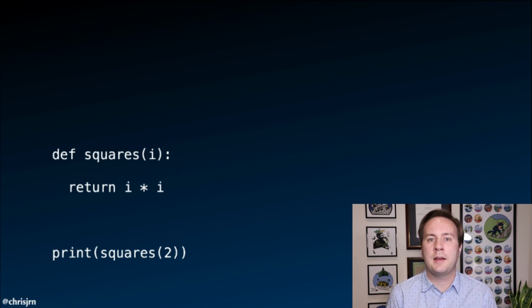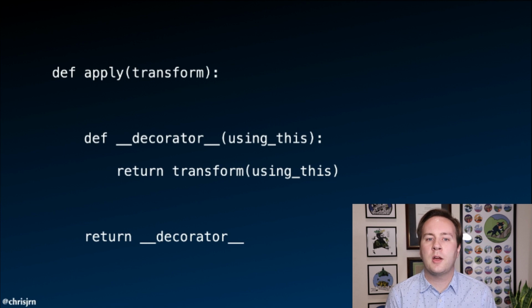Now here's a decorator. This decorator is called apply. When you decorate a function with apply, you also provide a transform lambda, which accepts a function as a parameter. Now when you decorate a function with apply, it will call that transform lambda with the decorated function as its parameter. And instead of returning a callable, it returns the result of that transform lambda.